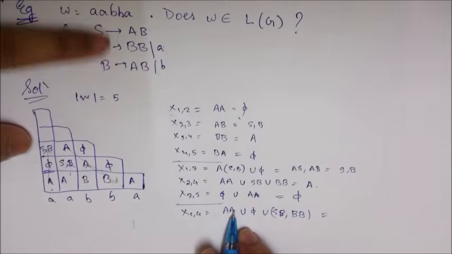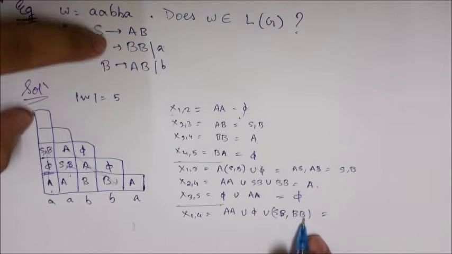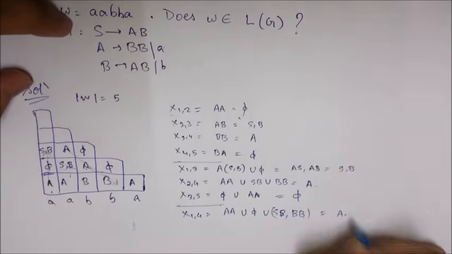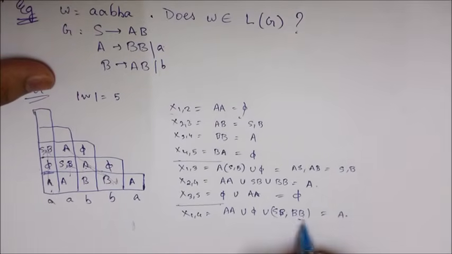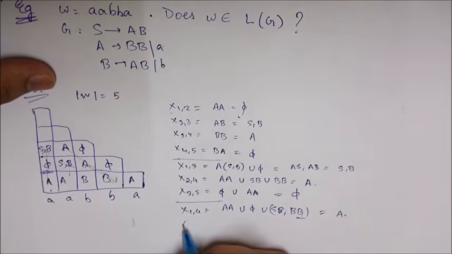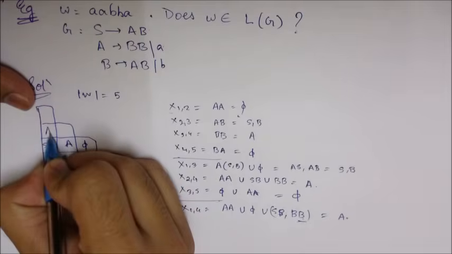So this is equal to double A is not there, SB is not there, BB is there in A, so A, and we update the table here.